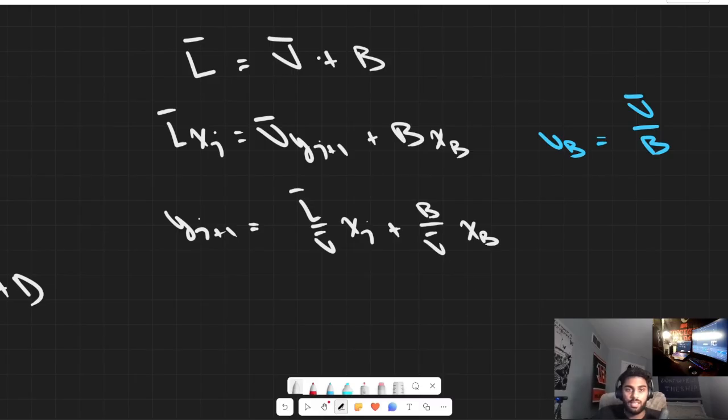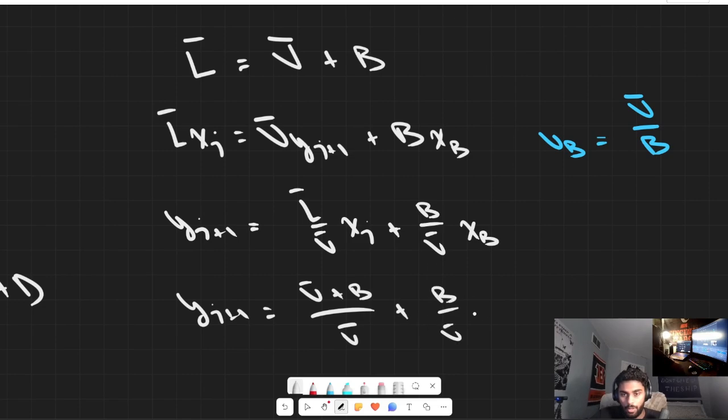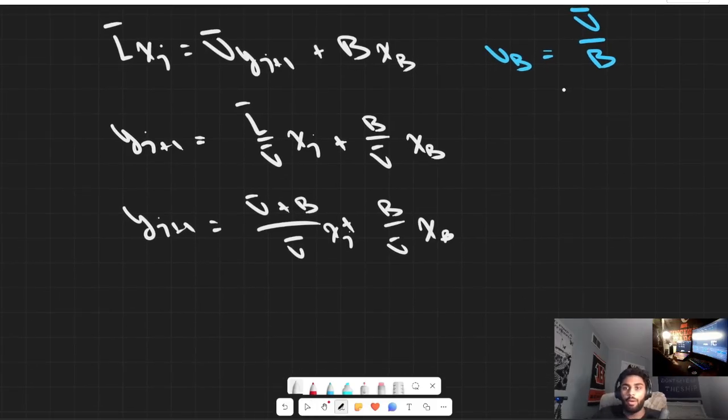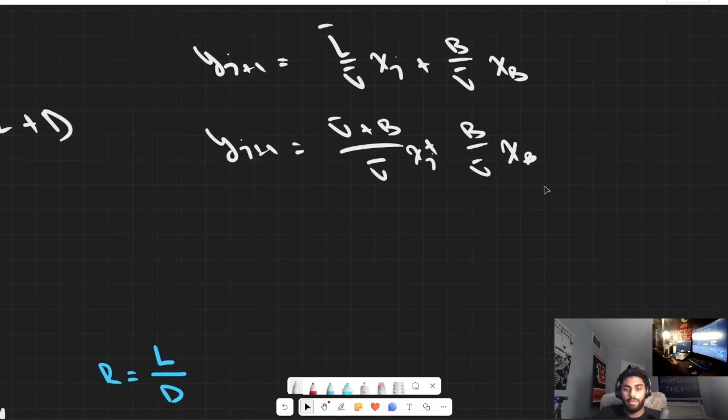And we'll use this definition to substitute for our L. So V bar plus B over V bar, plus B over V bar. Oh, don't forget my xj. And we can now employ our boil-up ratio. So we'll divide everything by B. We'll do that in the blue color.